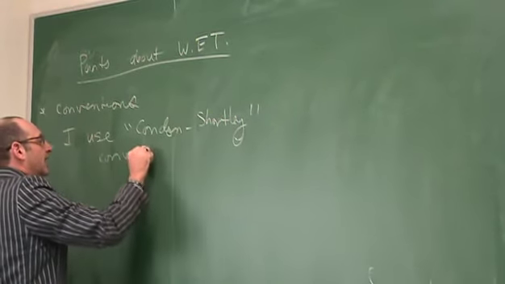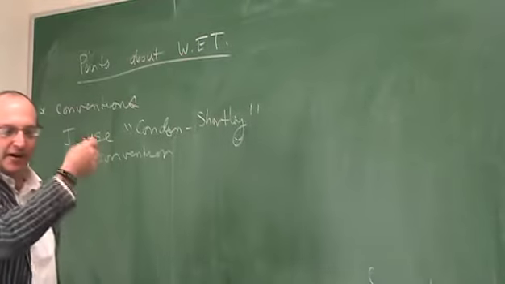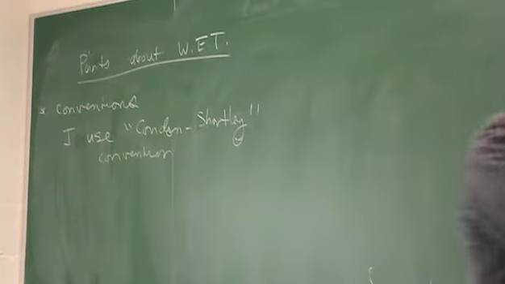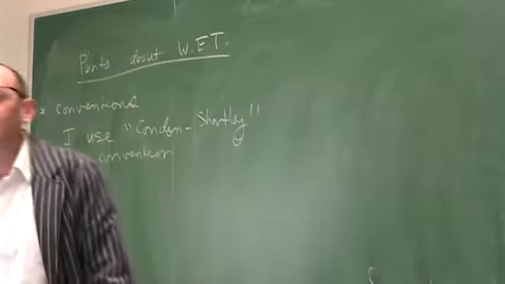What do I mean by that? Condon and Shortley were sort of pioneers in working out all of the physics about atomic molecular spectroscopy back in the, oh gosh, who the heck knows when that was, the 40s.